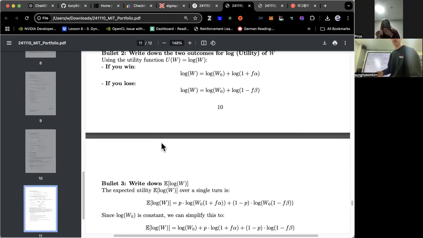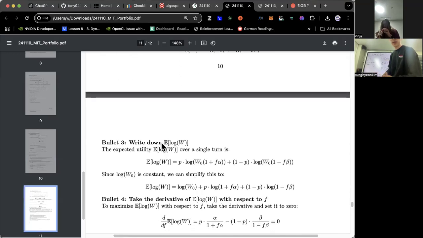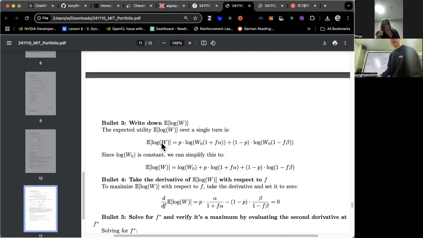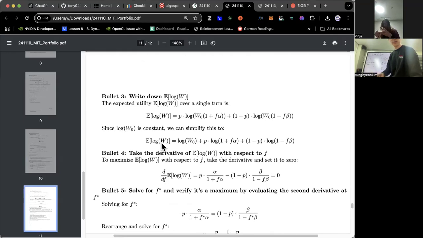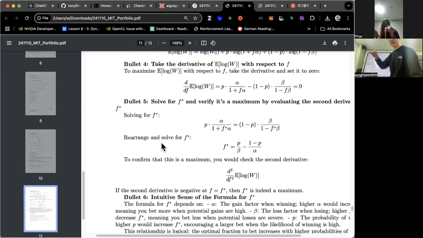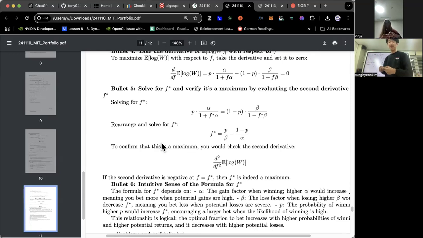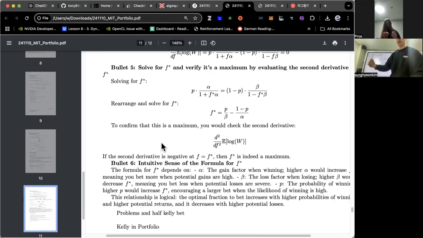Just put the log in it, and then you can calculate the expected log. Then you can also take a derivative and find the maximum point. Then F star comes out, which is alpha minus t over alpha. It will be the optimal bet, how you should bet for the long term.